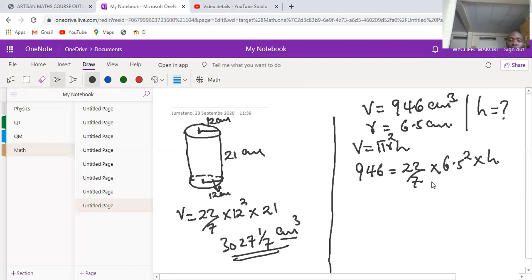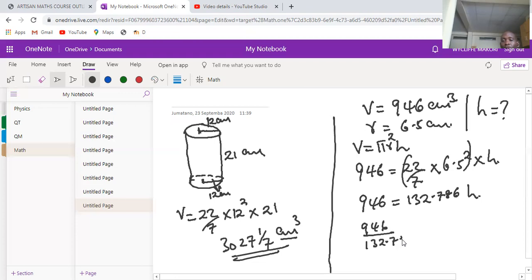Let us multiply 22/7 times 6.5 squared, which is 132.786 h. Therefore, 946 divided by 132.786 should give us the height.